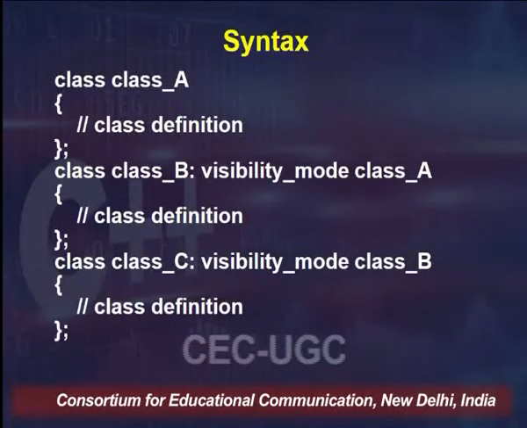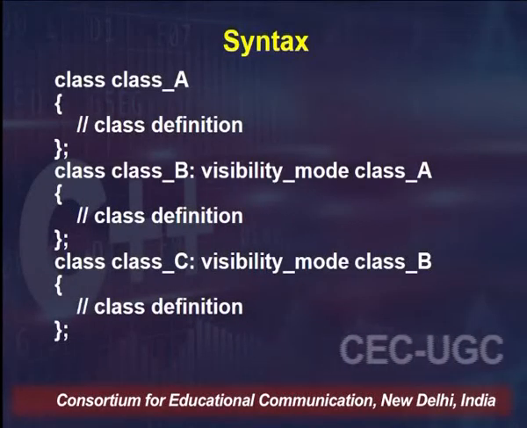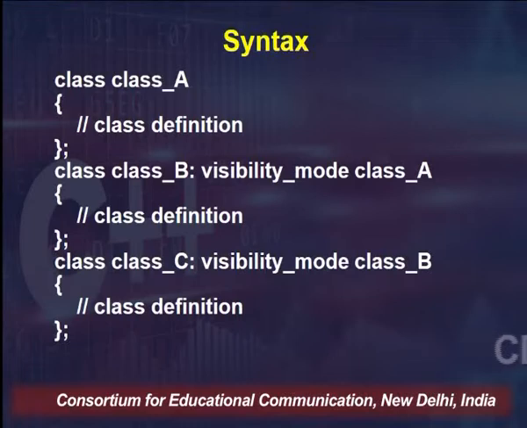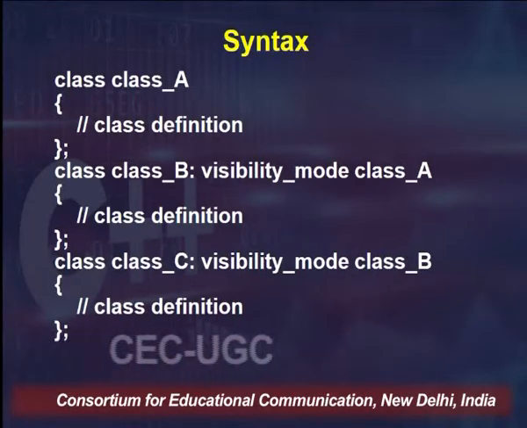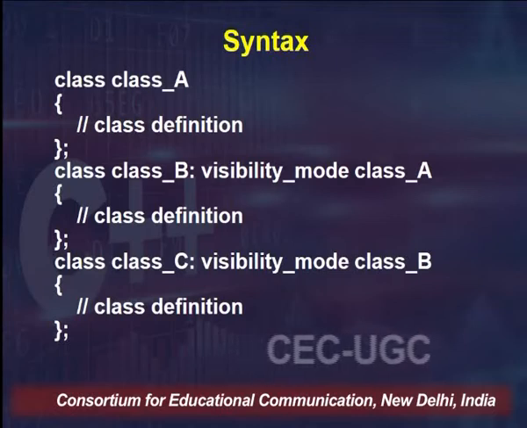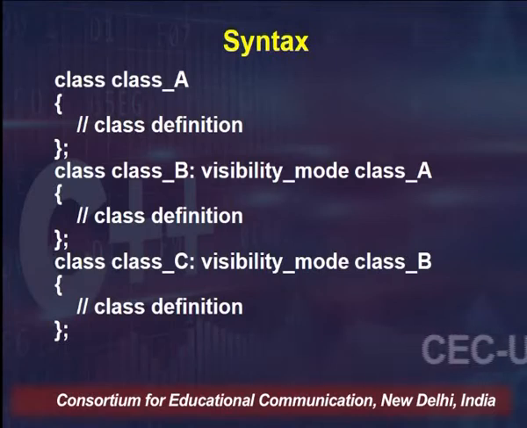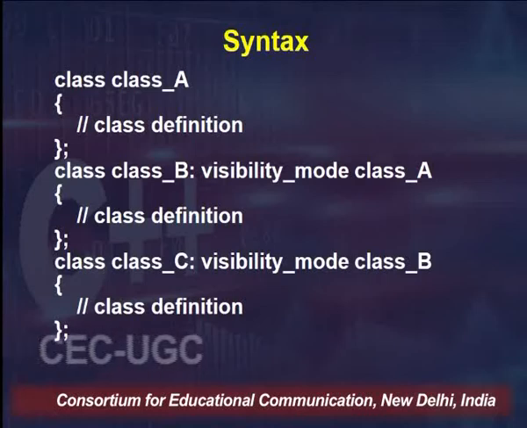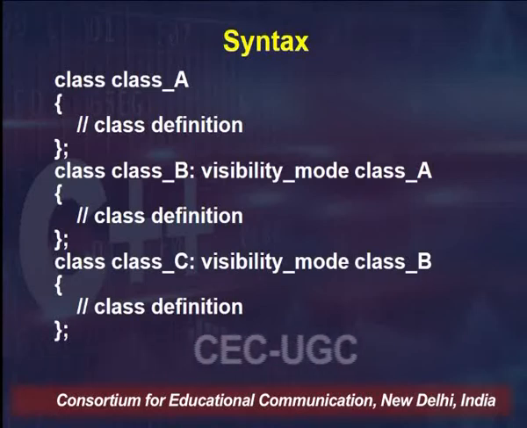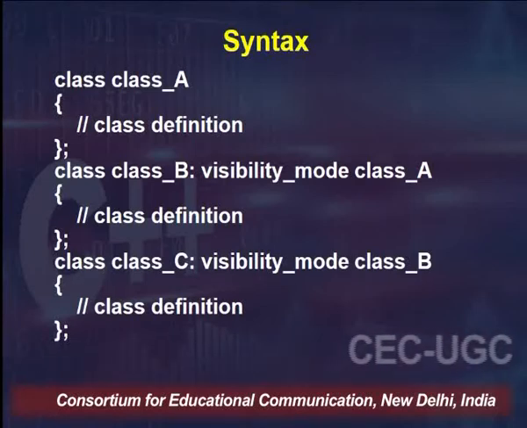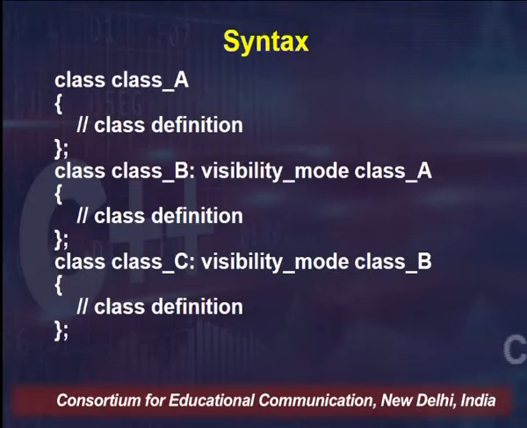Now coming to the general syntax, we can say class A, as it is the uppermost base class as we have seen in the figure. So class A and its definition. Class B is going to inherit the members of class A. So we can say class B colon visibility mode private, public, protected, class A, and then there is a definition.